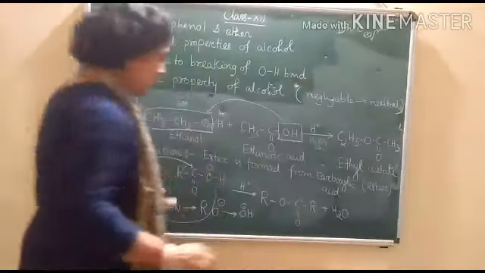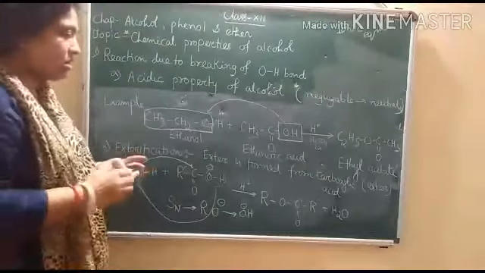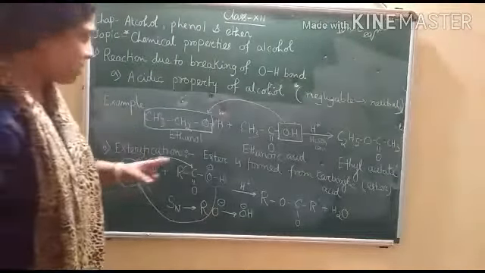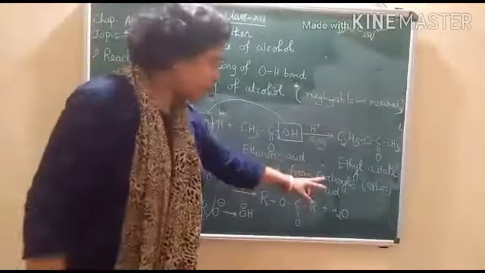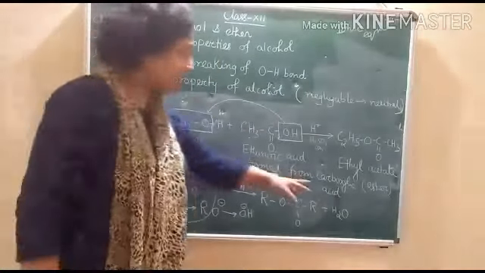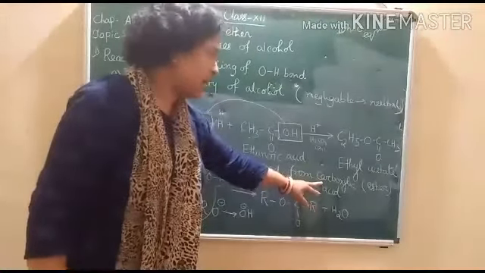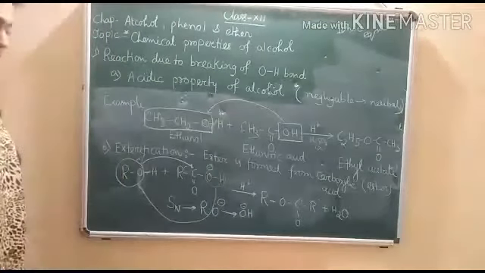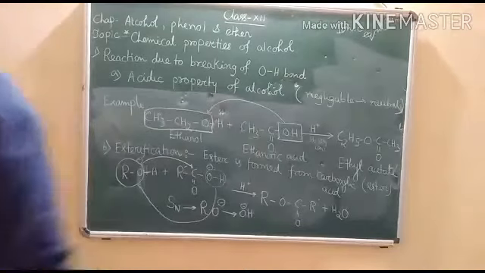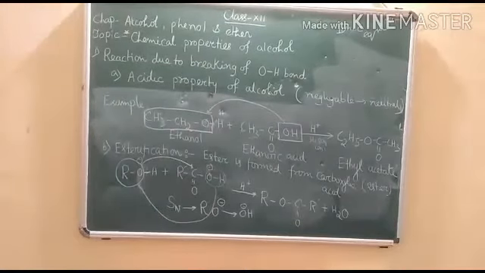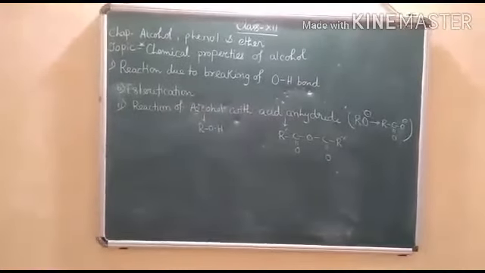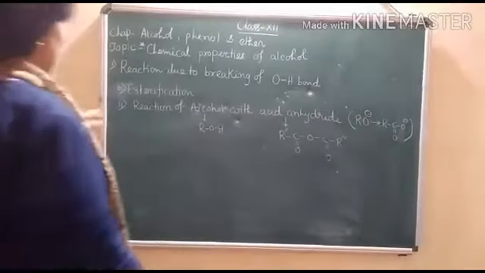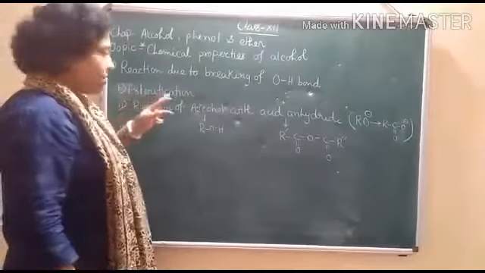So I said in this esterification reaction there are three types of reaction. One: ester is formed from carboxylic acid. The next one is for acetyl chloride, and the third one is anhydride, acetic anhydride. So now let's do the next one.